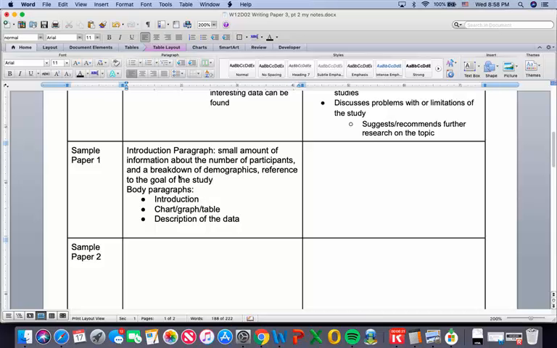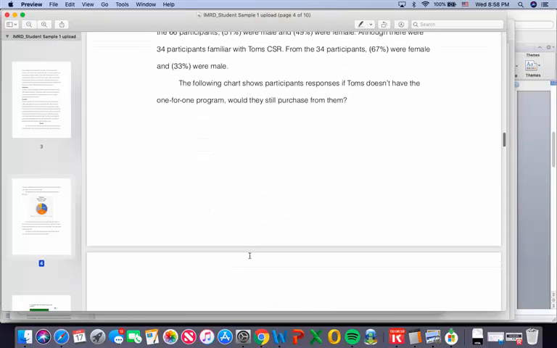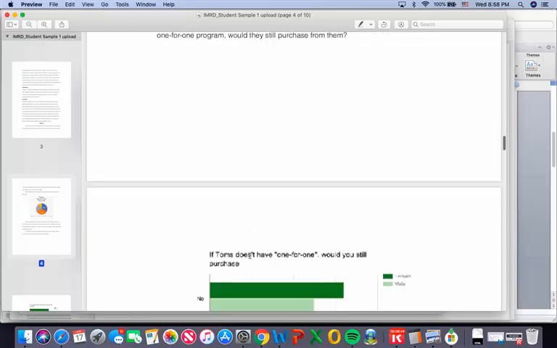So we have this body paragraph. The first body paragraph has this structure of introduction, a chart, graph, or table, and then a description of the data. Let's look and see if that pattern repeats itself. Take a moment and go through, see if that pattern comes up with the rest of the writing.